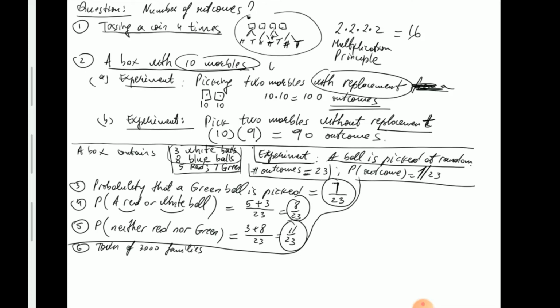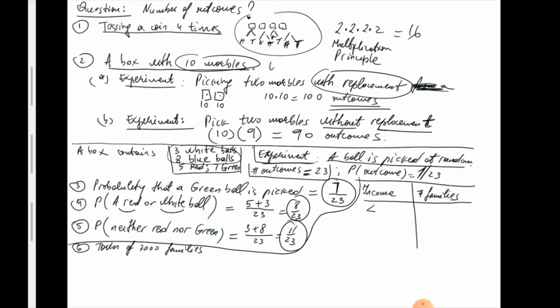I'm going to write it here on the right side. Suppose you have a two-column table with the income level and the number of families that meet that income level.